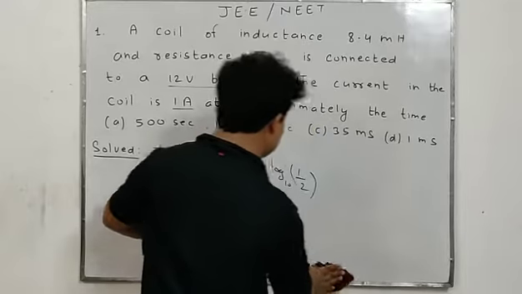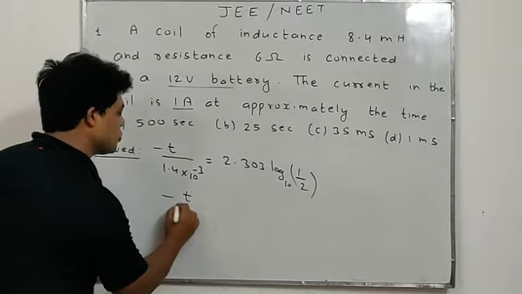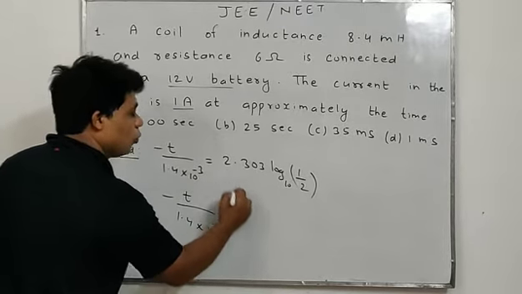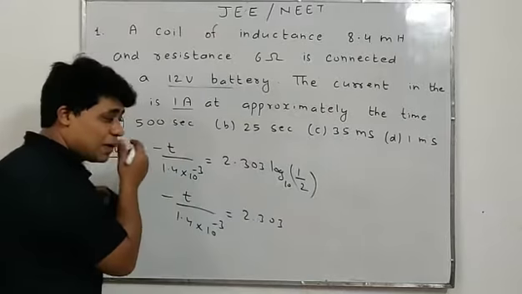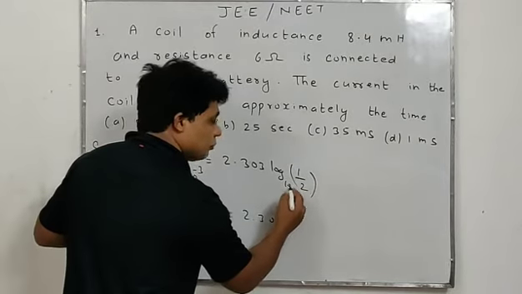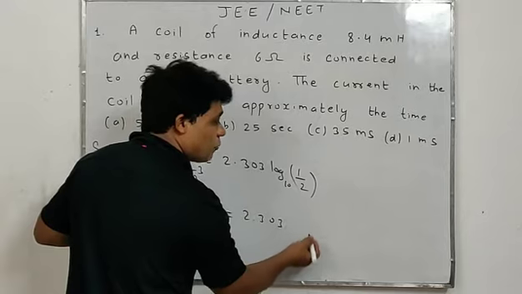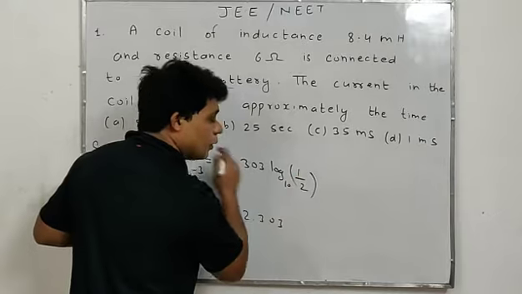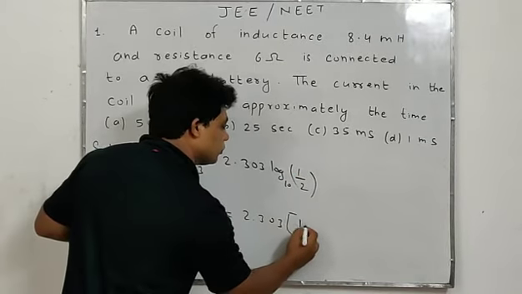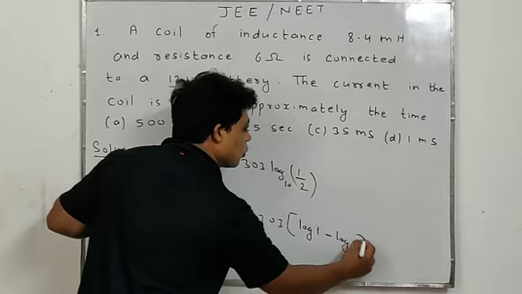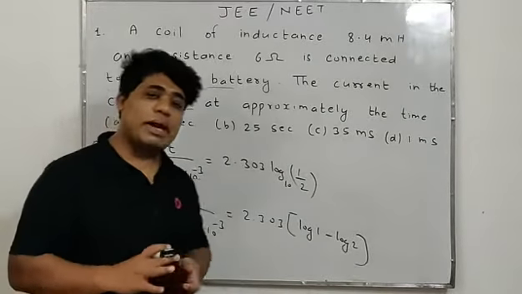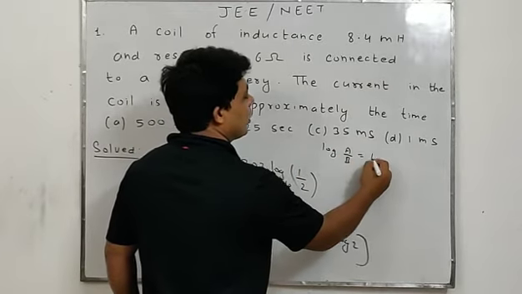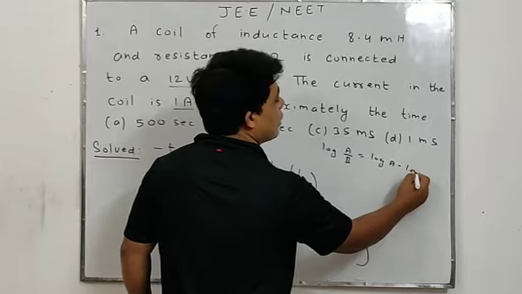Now, students, finally we can solve this. Minus t by 1.4 into 10 to the power minus 3 as it is, times 2.303 as it is. We can write log half, which means 0.5. Log half means 0.5, and 0.5 we can write as log 1 minus log 2. Actually I applied the property log a upon b equals log a minus log b.